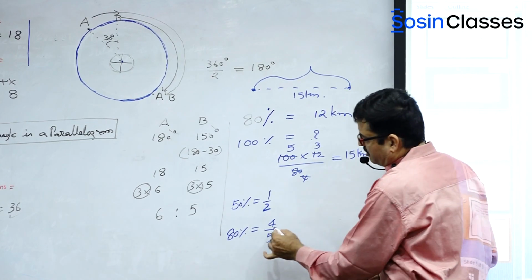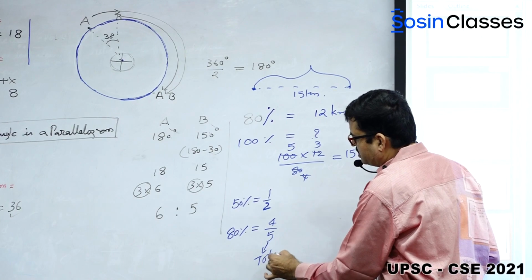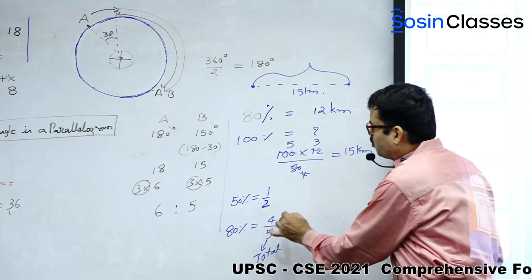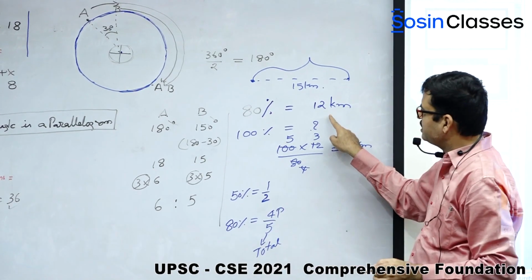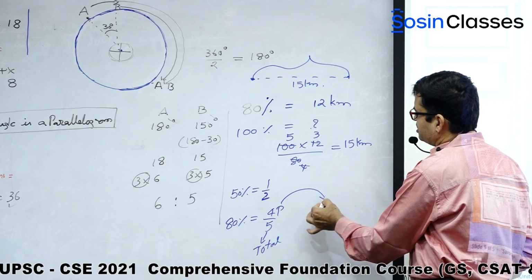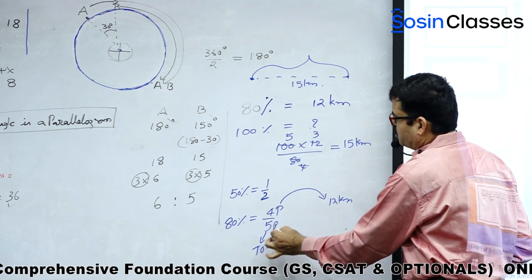That means if the total distance is 5 parts, she has covered 4 parts. And these 4 parts are equal to how many kilometers? 12 kilometers. So please note, 4 parts corresponds to 12 kilometers. In that way, 5 parts corresponds to how much?